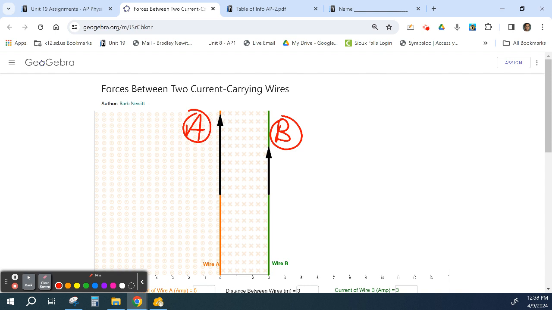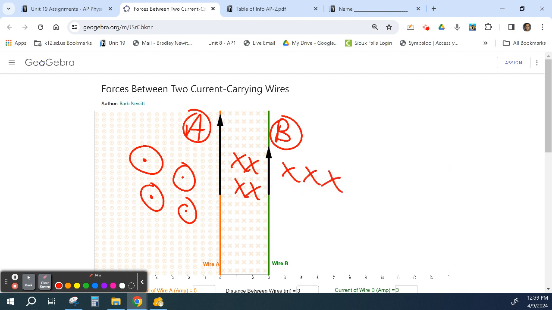If A has some current going through it, we're going to say it's got a magnetic field around it because of that, where on the left side, this is coming out of the board, and on the right side, it's coming into the board. And I'm using right-hand rule number 2 to do that, where my thumb is up and I'm curling my fingers around that wire, okay? That also means this magnetic field would extend over into here as well as being into the board.